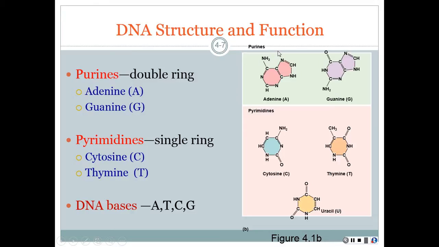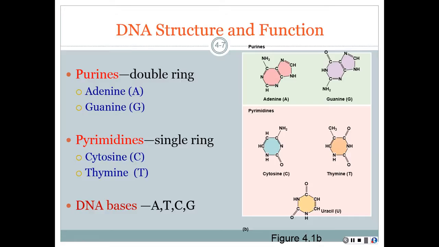So basically we have two types of nitrogenous bases. The first type is the purines, adenine and guanine, and the second type is the pyrimidines, which are cytosine, thymine, and uracil. The pyrimidines have a single ring. The purines have a double ring.